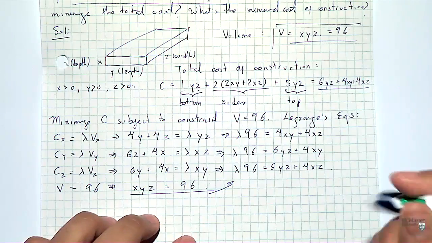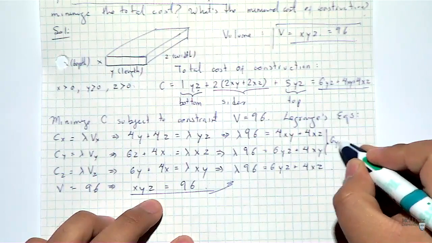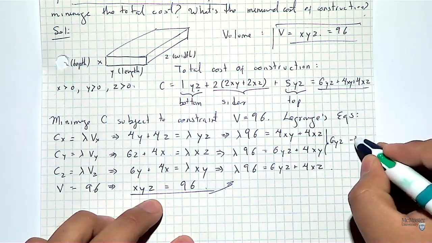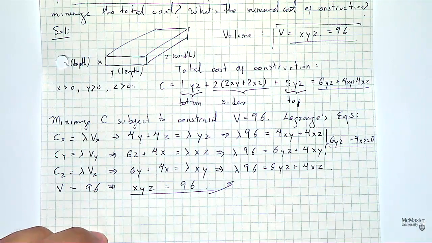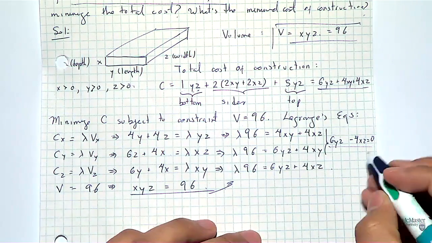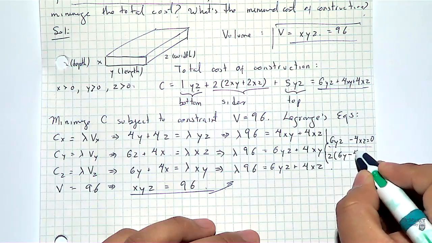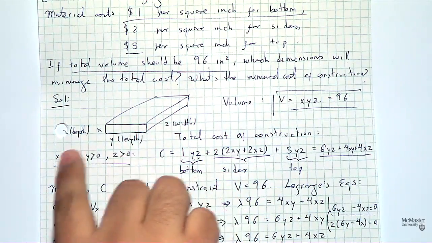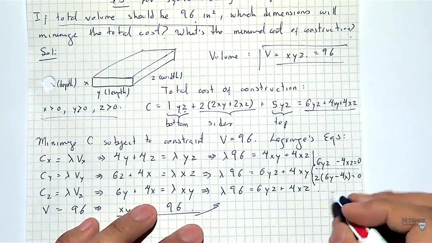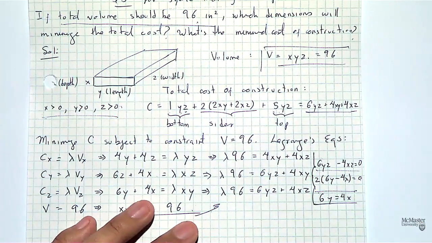So if I use these two, this minus this, I have 6yz minus 4xz equal to 0. That I could factorize as z times (6y minus 4x) equal to 0. And I know that x, y, and z cannot be 0. So the only way I could have this is if 6y is equal to 4x. So at least I have a relation for that. So far, so good.